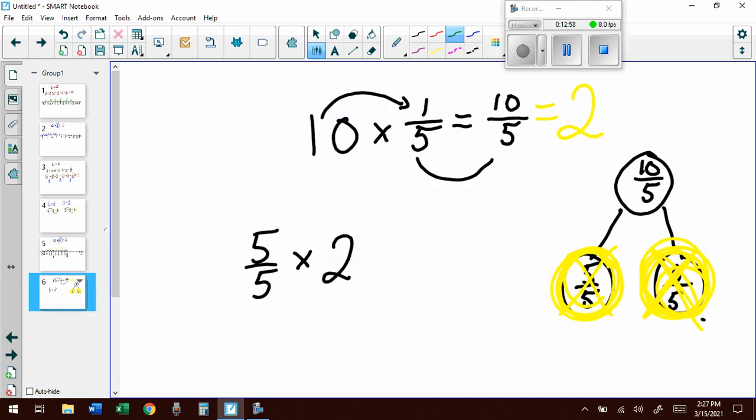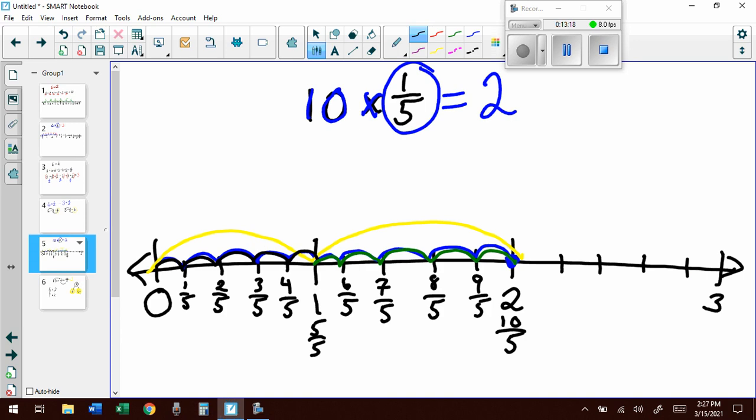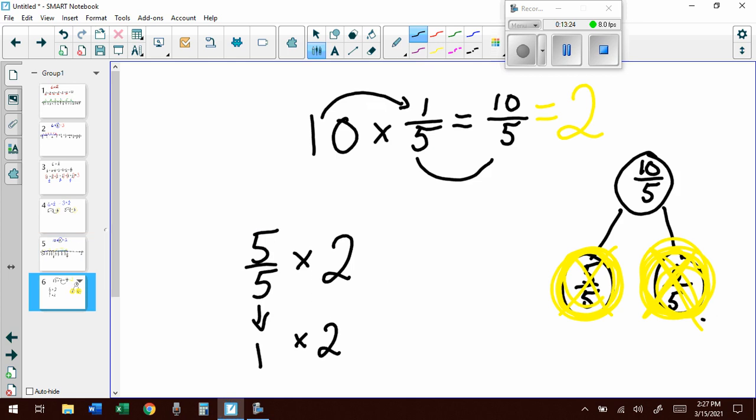Now, 5/5 times 2, if you'll notice, is 5/5 equals 1 times 2. All right? So using that number line to see a few different ways on how to multiply a whole number times a fraction, or just using the multiplication sentence technique to find an improper fraction, then using your number bond to find your whole number.